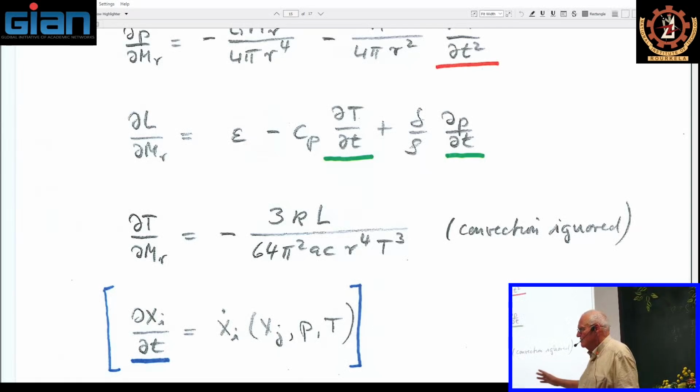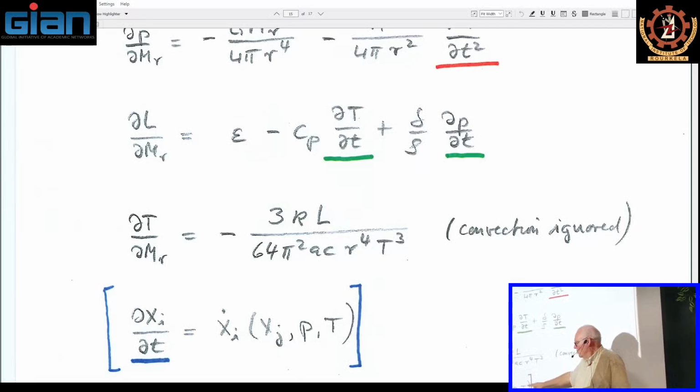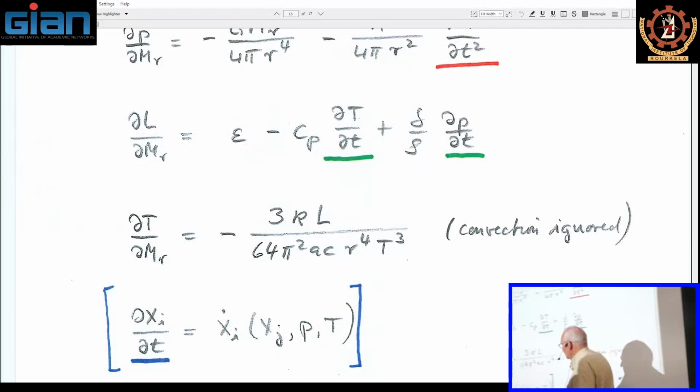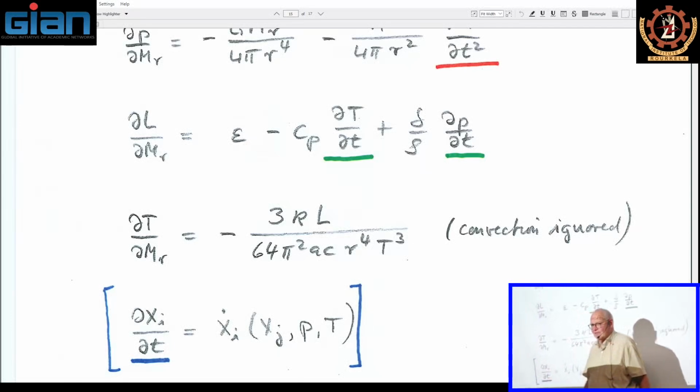It just takes too long for them to operate, so we can ignore nuclear processes once we are considering stellar pulsations. We assume that the mass fractions of our species are constant.